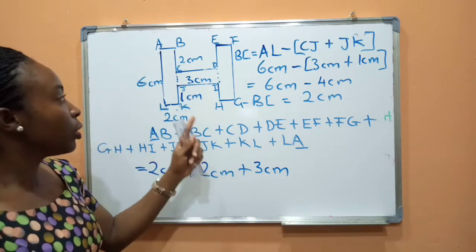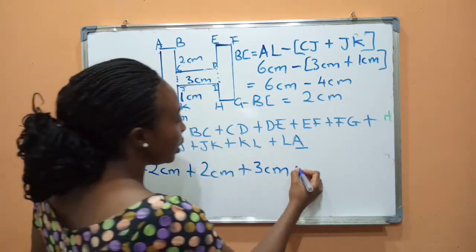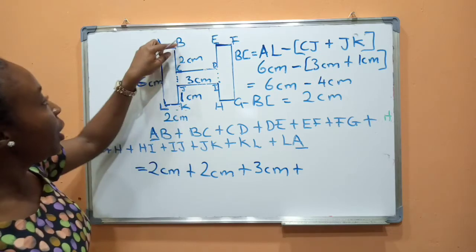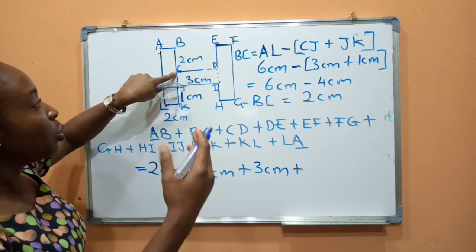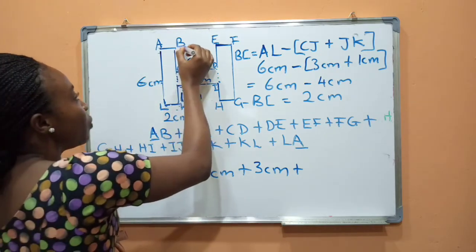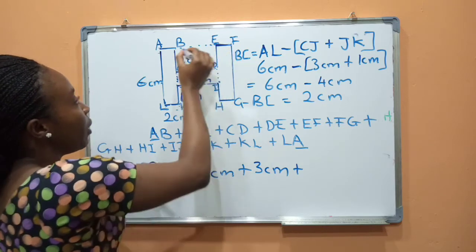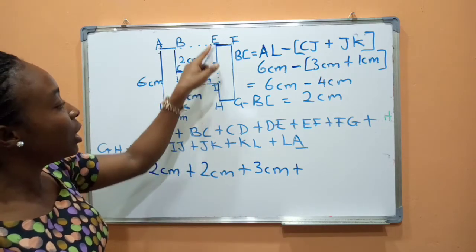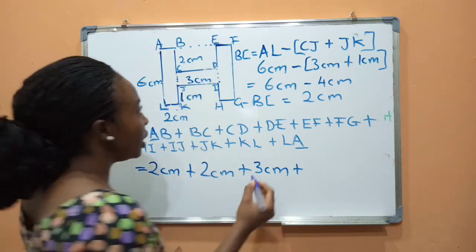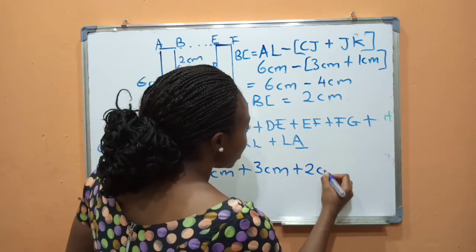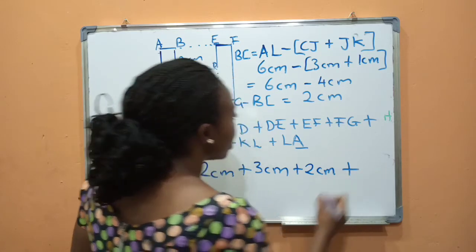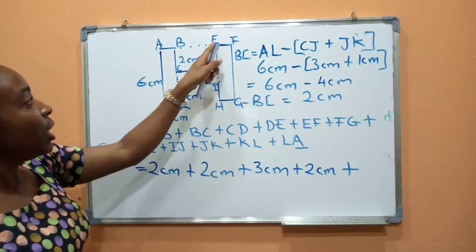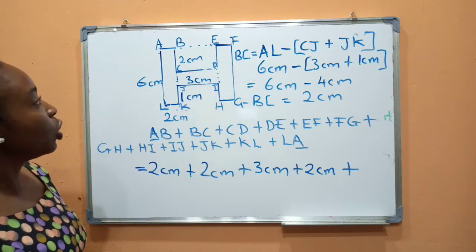So the next thing we are going to do, let's solve for DE. Now, if BC is 2 centimeter and this forms a regular rectangle, that means BC is equal to DE. So that means DE is going to be what? 2 centimeter plus, what about EF?